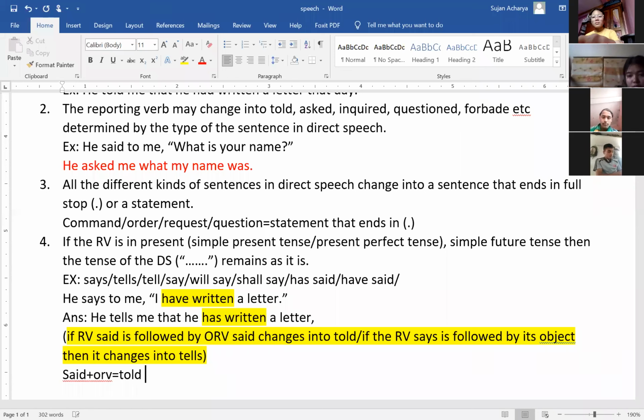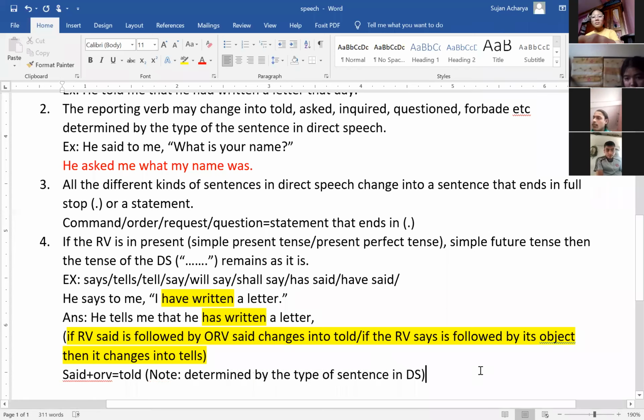Not always, but that again is determined by the type of sentence in direct speech. And if the reporting verb says is followed by an object of reporting verb, it changes into tells.